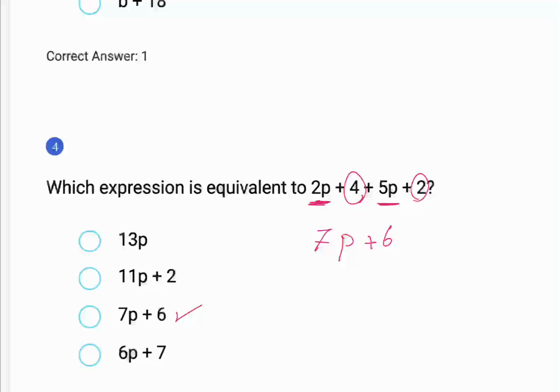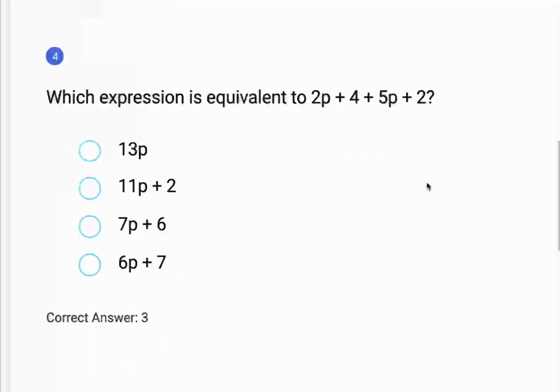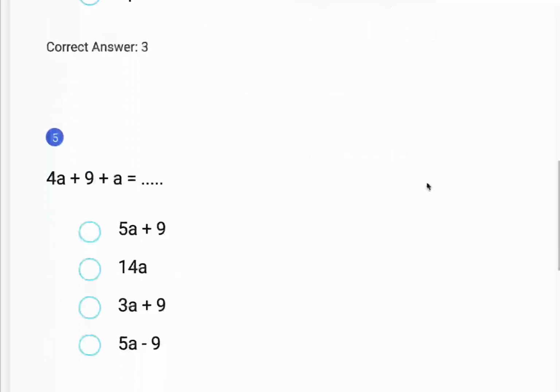No, Mister, this is super easy. Okay, the next question here. Muhammad Mohsen. Alright. 4a plus 9 plus 1a.